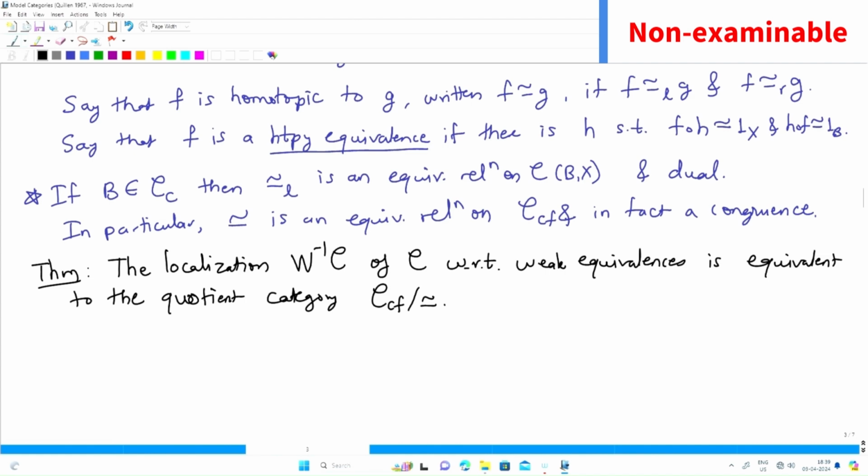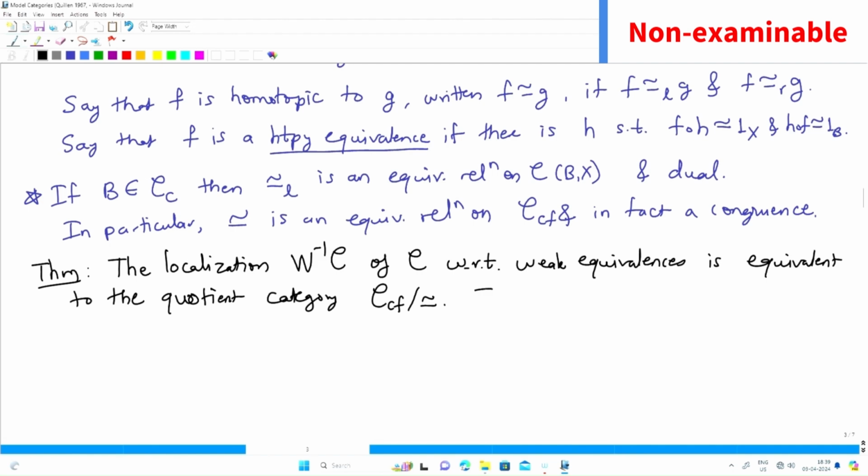You just need the willingness to invert certain maps and face its consequences. This is such a beautiful construction that it all happens smoothly around here. That you only take the category of fibrant, cofibrant objects and take quotient. So what will happen?